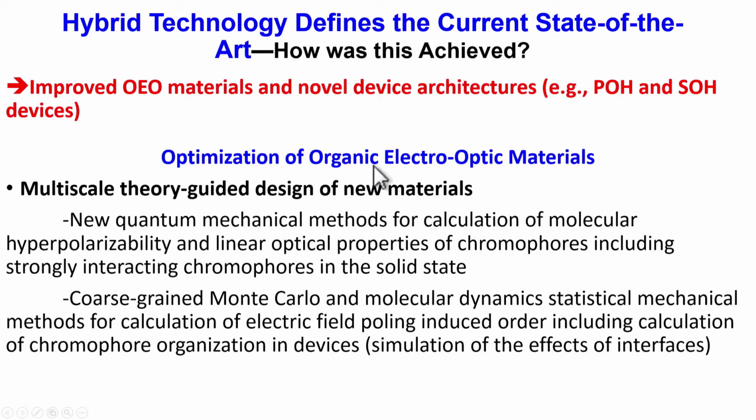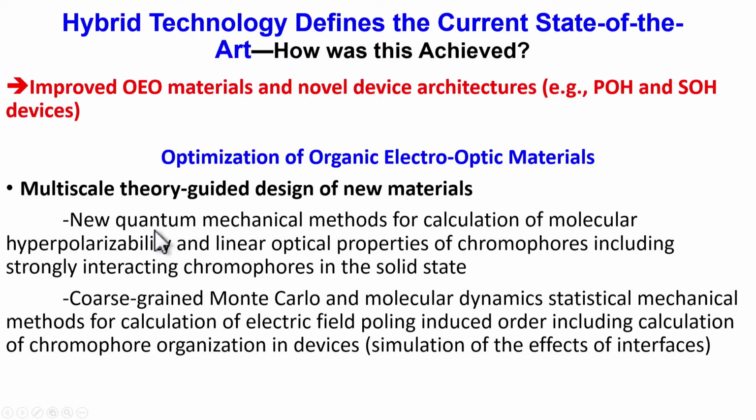And I'd like to start with the optimization of electro-optic activity and other properties in organic electro-optic materials. And multiscale theory-guided design has been critical to this. It's produced new material concepts, and it's produced dramatically improved performances.